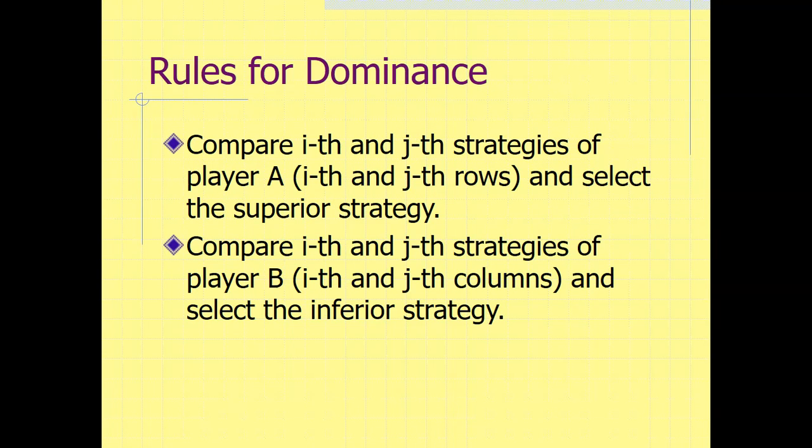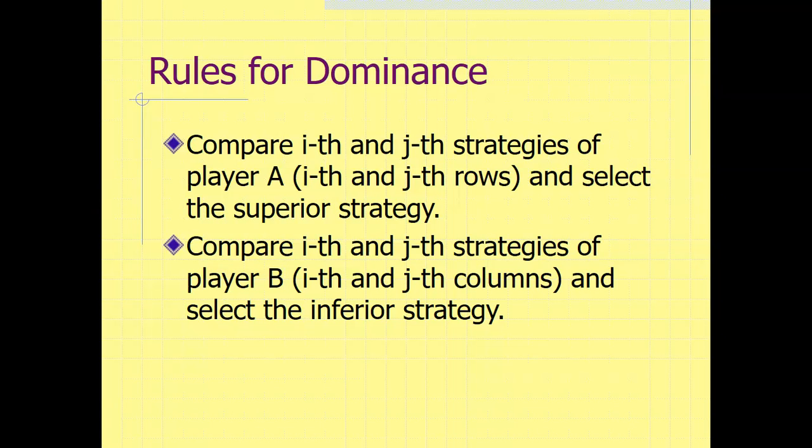Now, the general rules for dominance are: if all the elements of a row, say the ith row of a payoff matrix, are less than or equal to the corresponding elements of the other row, say the jth row, then player A, the maximizing player, will never choose the ith strategy, or in other words, the ith strategy is dominated by the jth strategy.